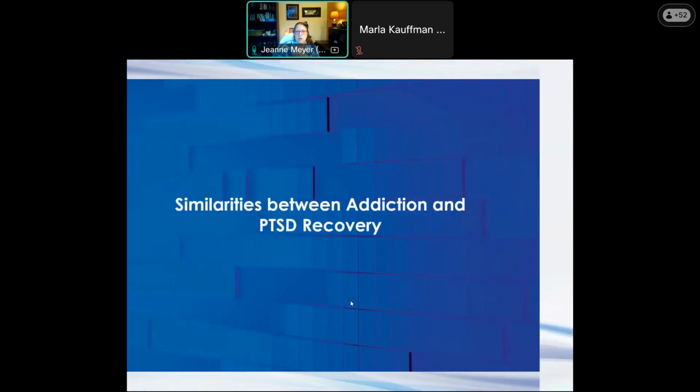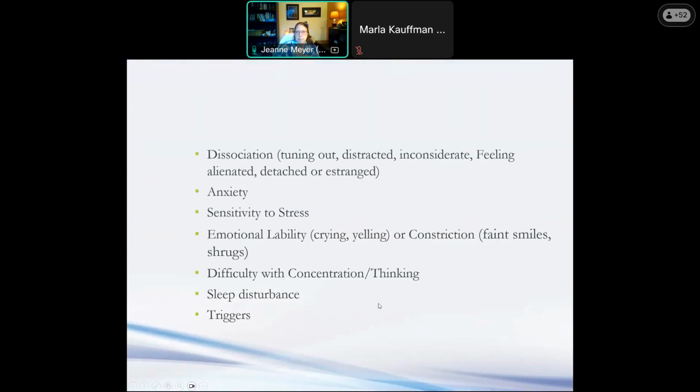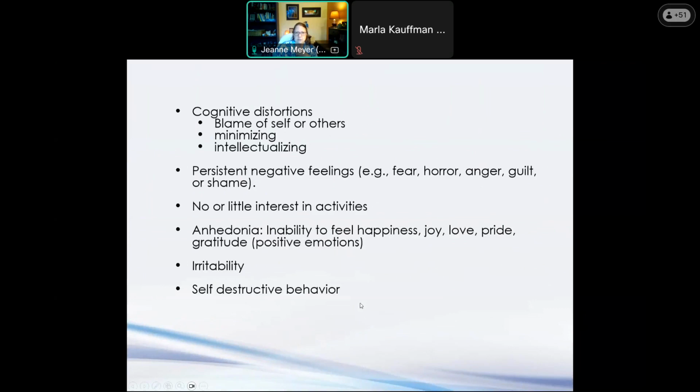Okay, so let's look at what the similarities are between addiction and PTSD. Some of these symptoms are the same, like dissociation, tuning out, being distracted, feeling alienated and alone, detached or estranged, anxiety, fear, sensitivity to stress, emotional lability, so crying or yelling, or constriction, where you don't show much in the way of emotions, or there are faint smiles or shrugs when people are talking to you, difficulty with concentration and thinking, sleep disturbance, and triggers, cognitive distortions, so thinking errors or negative cognitions, depending on which school of thought we're thinking about, blaming self or others, minimizing, intellectualizing, among other things.